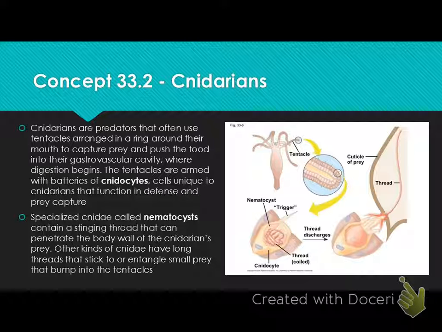So the specialized cnidae called nematocysts contain a stinging thread that can penetrate the body wall of the prey, and then other kinds have long threads that can stick to or entangle small prey that bump into tentacles.